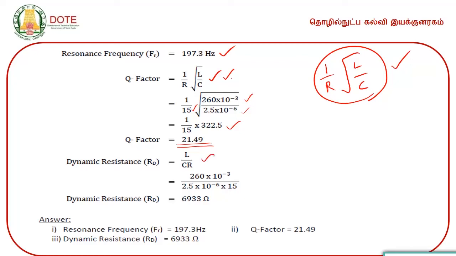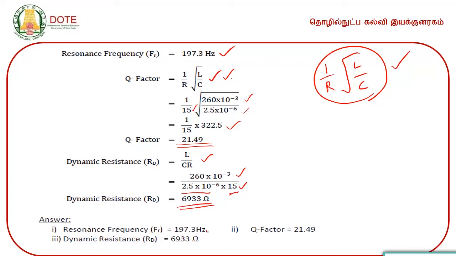Then we need to find out the dynamic resistance, whose value is equal to L by CR. L value is 260 into 10 power minus 3 Henry, C value is 2.5 into 10 power minus 6 farad, and R value is 15 ohms. Mere substitution and simplifying, you get the dynamic resistance value as 6933 ohms.